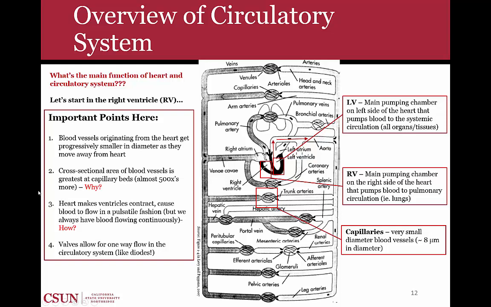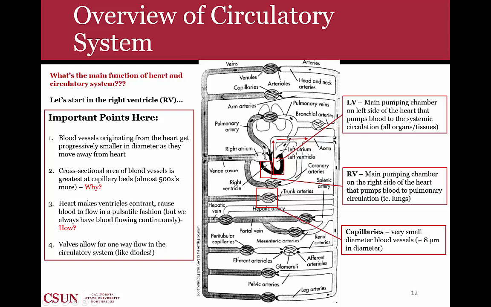The ventricles contract, which causes pulsatile flow. If we start at the left ventricle and you were to measure the blood pressure here, it would oscillate up and down, hitting a peak and then going down and hitting some minimum, which we'll get to later. But as you get progressively away from the point of contraction, you'll start seeing those pulsations die out. They die out for a couple of reasons.